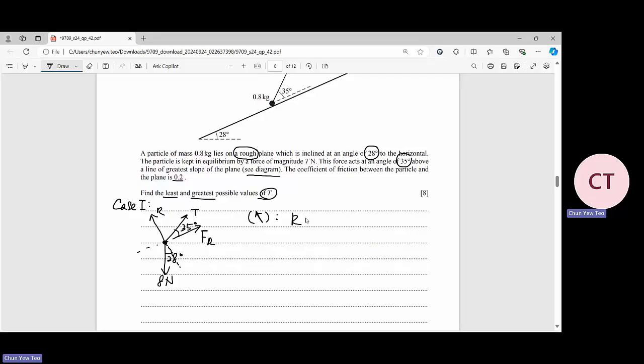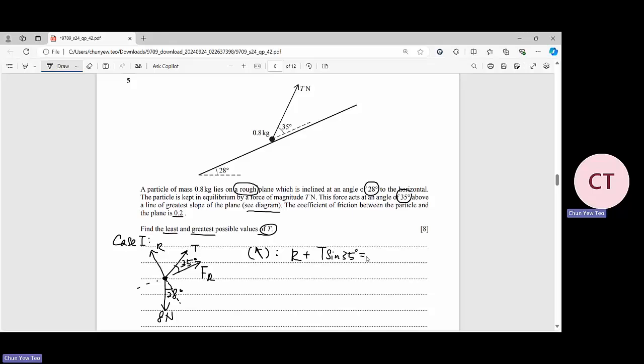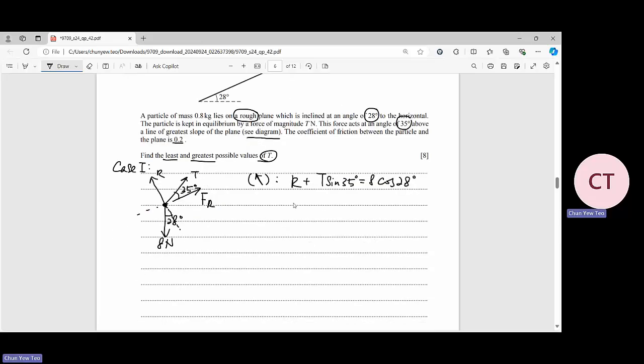I have R plus T sin 35 equal to mg cos 28. So over here, I have R as 8 cos 28 degrees minus T sin 35.